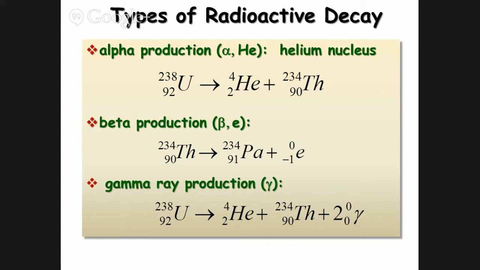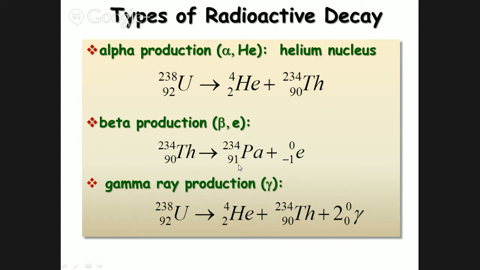So if I add up the 2 numbers, the 4 and the 234, they have to add up to equal that 238. Likewise, the same has to be true on the bottom for the atomic number. Here I have helium with its 2 and thorium with its 90. 2 and 90 equal 92.